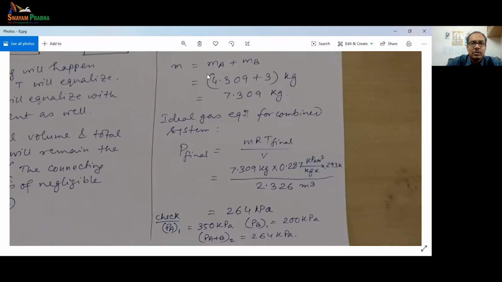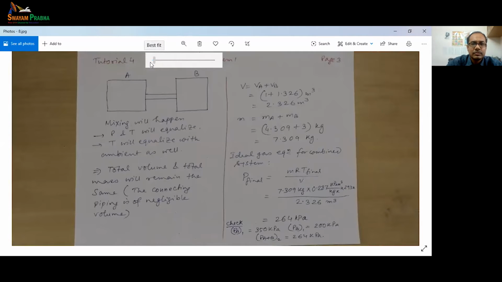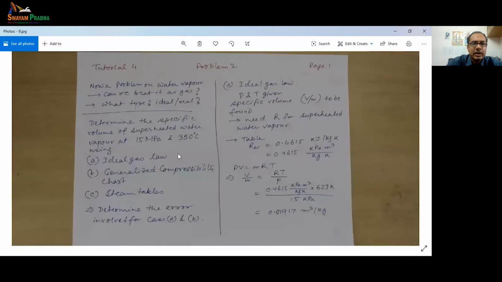Okay, so that is the first problem we have solved. Now let's take the next problem, which will take on water vapor again, but we'll try to apply the ideal gas law on water vapor. Water vapor is in gaseous form, right?